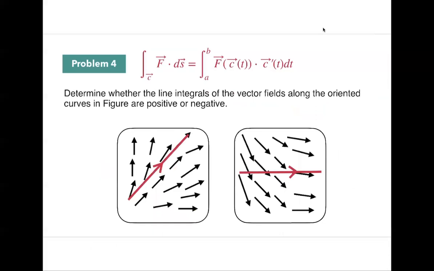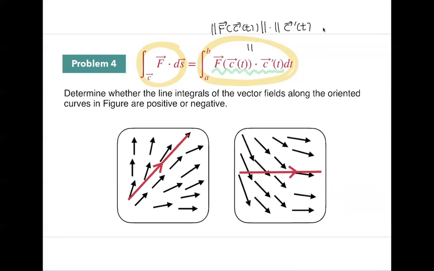And we can see that this integration of the vector field is given by this formula. And we know that this dot product can be written as the norm of f of c of t times the norm of c prime of t times cosine theta.